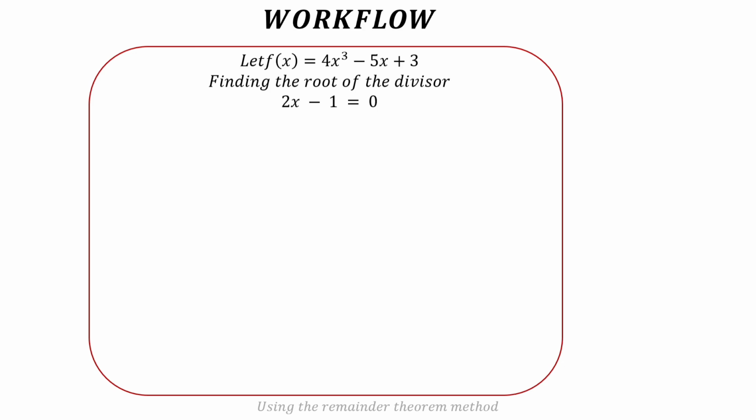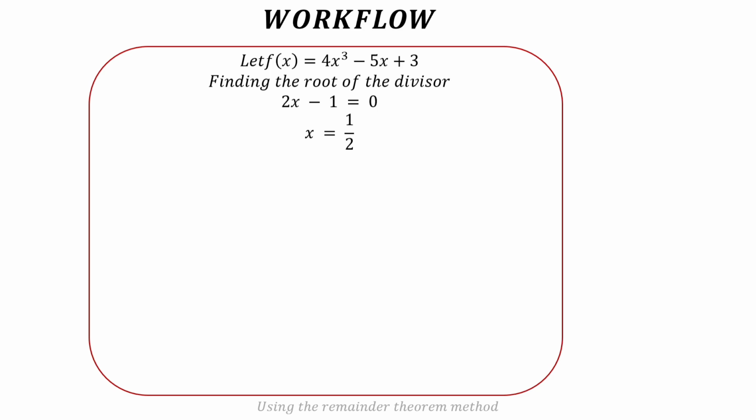The divisor is basically what is dividing the actual expression. Okay, so for example, if you have let's say 4 divided by 2, the divisor is the 2, and the 4 is called the dividend. Okay, so the divisor here is 2x minus 1. We find the root of it by equating it to 0, and that's going to give us half as our final answer for that particular equation.